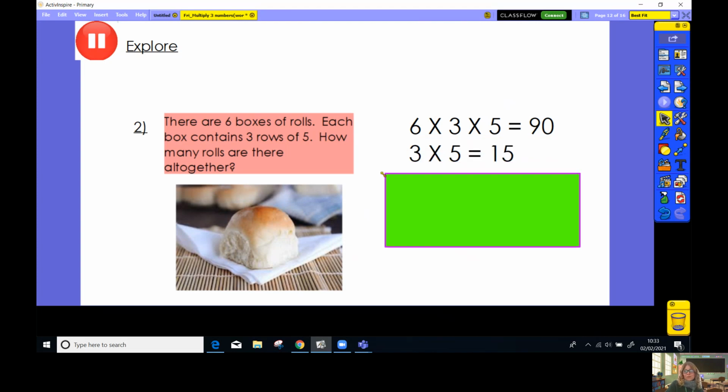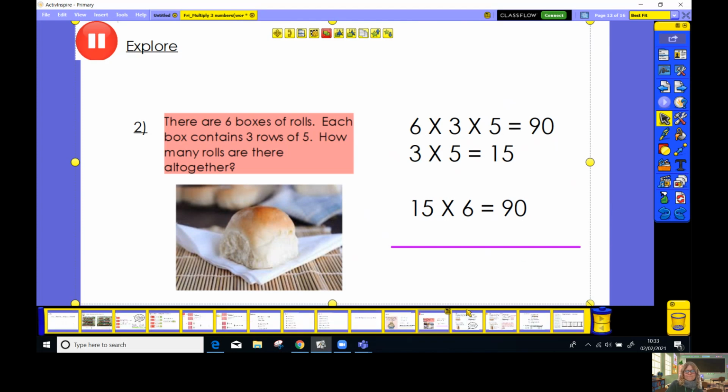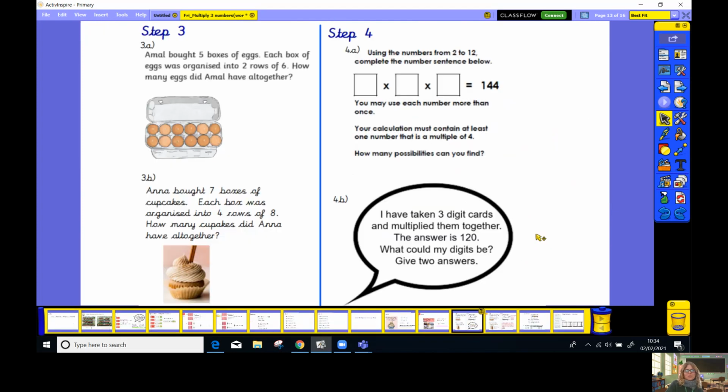Now, first of all, I know that 3 times 5 is 15. 15 multiplied by 6, I know, is 90. So there are 90 rolls altogether. Pause the video now and have a go at step 3 and step 4.